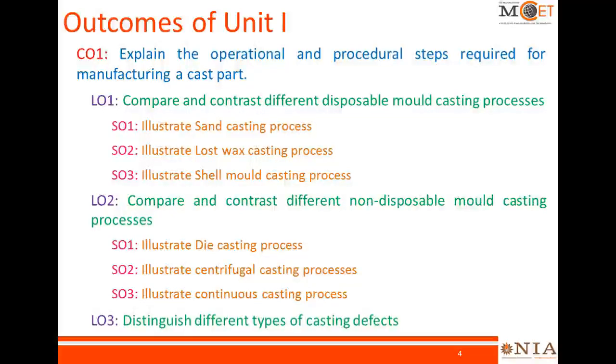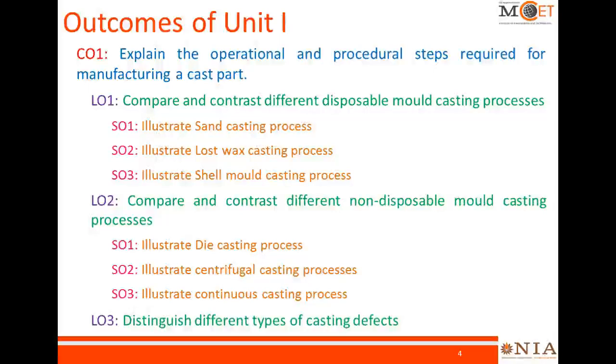And for the specific outcomes of LO1, there are 3 specific outcomes: SO1, SO2, SO3. SO1 is illustrate sand casting process, SO2 is illustrate lost wax casting process, SO3 is illustrate shell mold casting process. And learning outcome 2 is to compare and contrast different non-disposable mold casting processes, which are permanent mold casting processes.